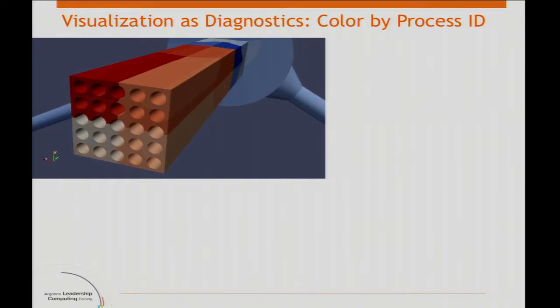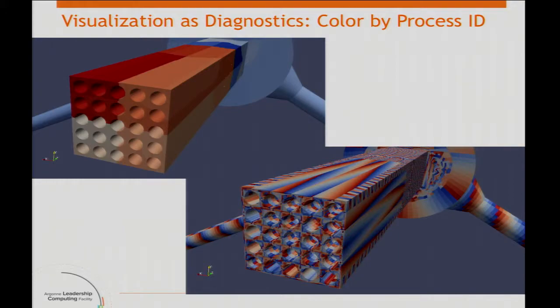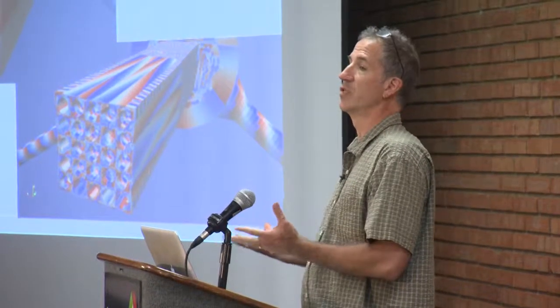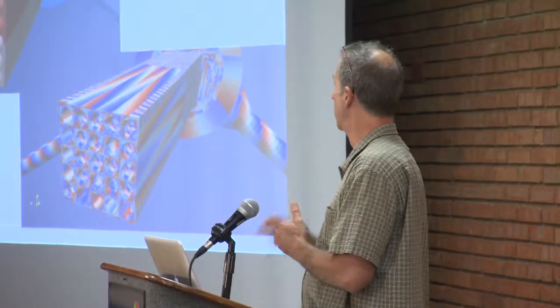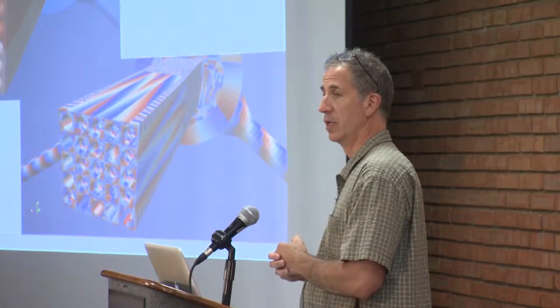And so this was one of the better ones, and this was a poor one. So this was basically a round robin of element to process, and so you can see it's very jumbled up and not very efficient. And so using visualization to convey what that layout looks like was another tool that we found useful.